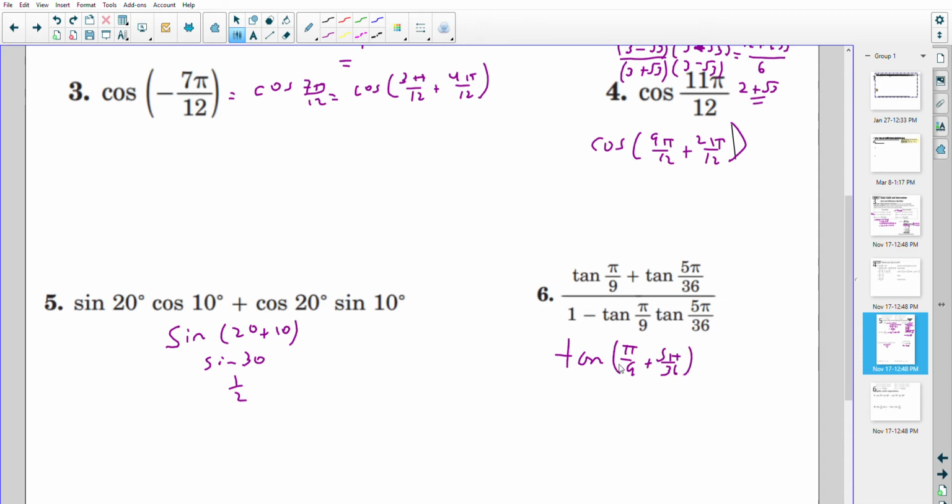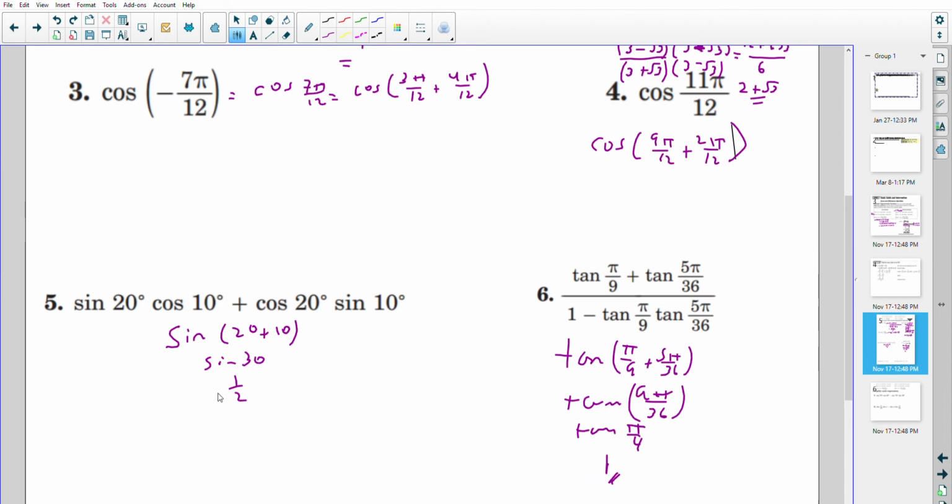Doing some fractional work for this, we'll make 36, so multiplying by 4 over 4 means that this is going to be 9 pi over 36, because when you multiply by 4 over 4, you get 36 on the bottom and 4 on the top. 4 plus 5 is 9. That's the tangent of pi over 4, which is equal to 1. And you're done with that answer.